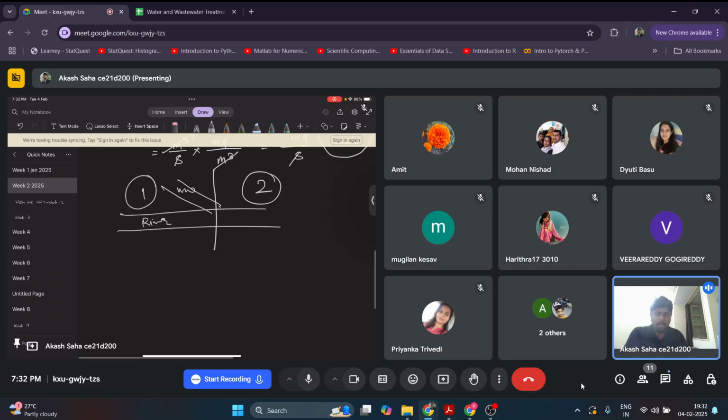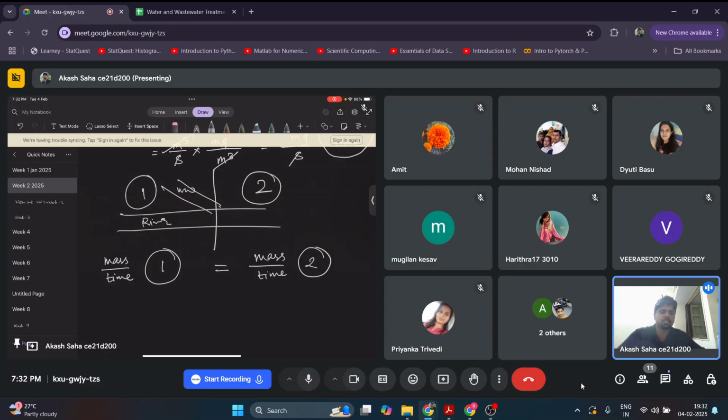So whatever mass of contaminant is inside, the mass per time of section 1 should be equal to the mass per time for section 2. The mass cannot change because my system is a conservative system. Nothing is getting degraded, nothing is getting added or deleted.